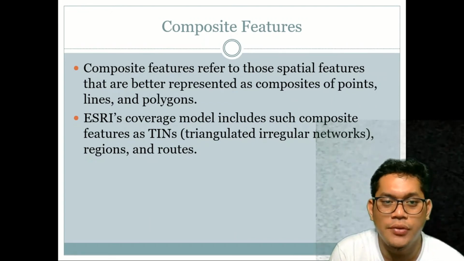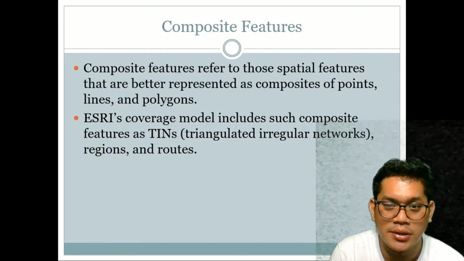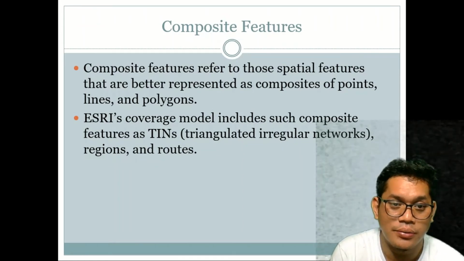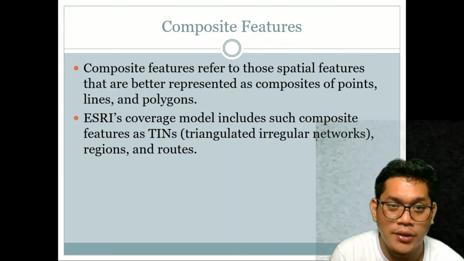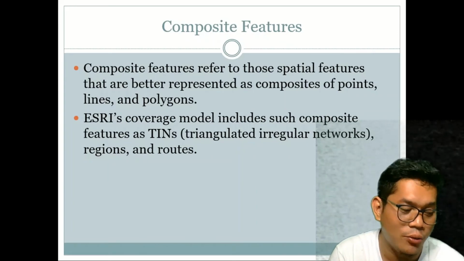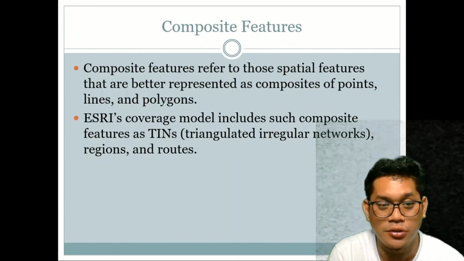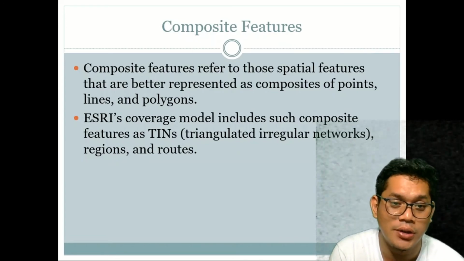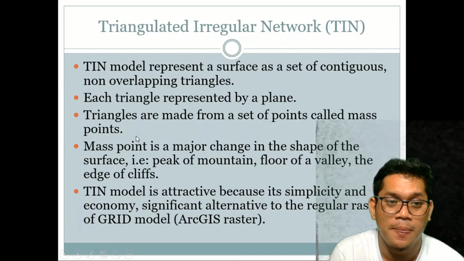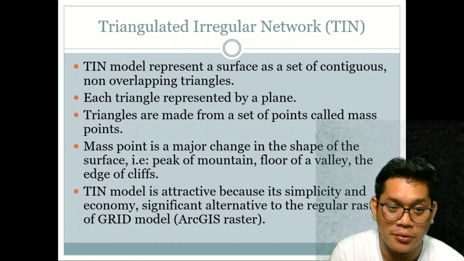So the composite features refer to the spatial features that are better represented as composites of points, lines and polygons. So in ArcGIS we have these composite features, where it creates one feature which is called a TIN, or triangulated irregular network, which is best to represent the surface, where it mimics the actual surface of the real world.